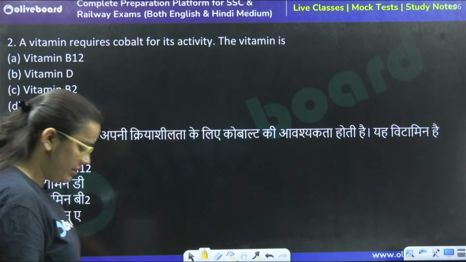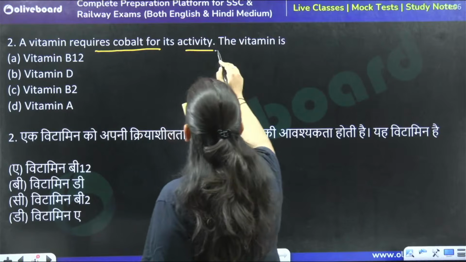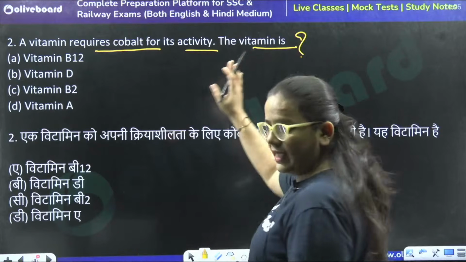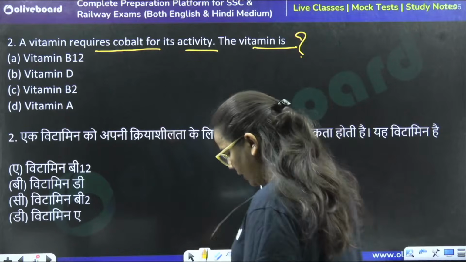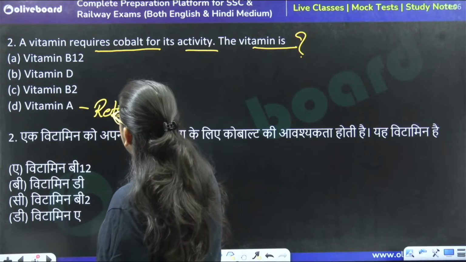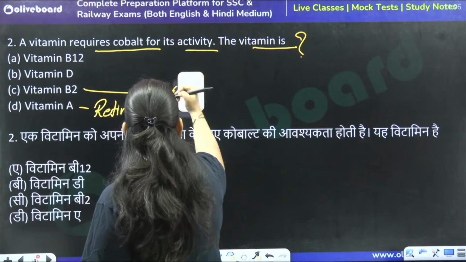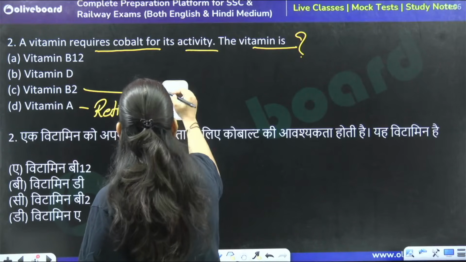Your next question is, a vitamin requires cobalt for its activity. The vitamin is... The chemical name is very important. Vitamin A, chemical name is retinol. Vitamin B2, chemical name is riboflavin.